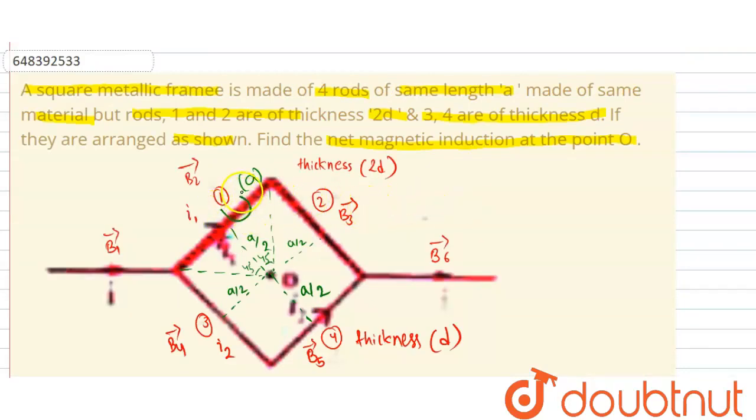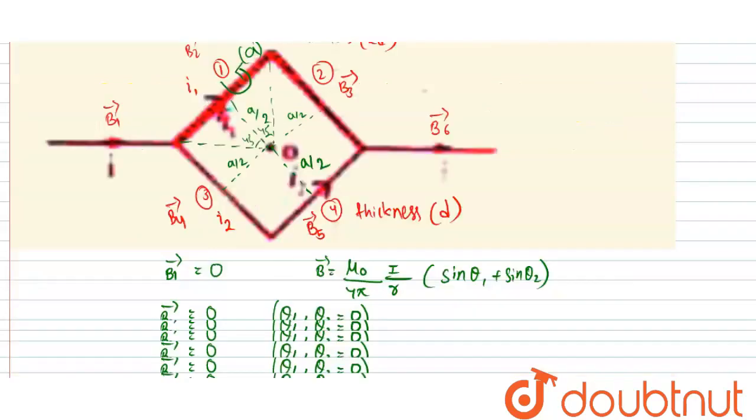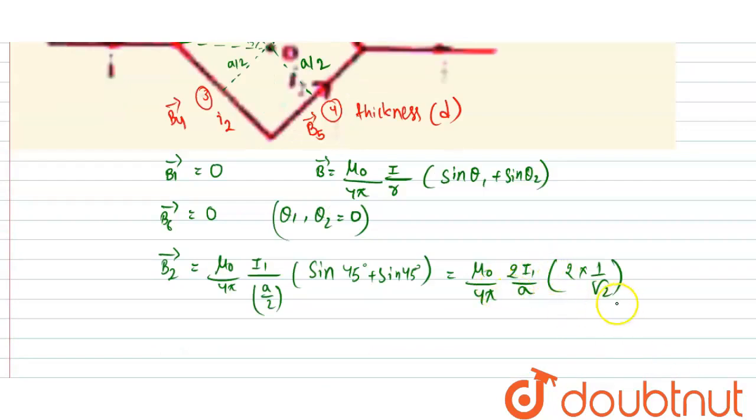Here, what about the direction of the magnetic induction? If we put the right hand thumb rule, the direction will be outward of the plane, out of the plane. So you can represent it by this.